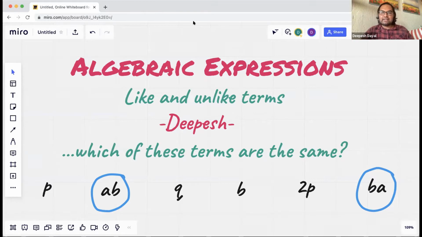Okay, I've got another answer. P and 2P. Great. Yeah. What about Q and B? Aren't they the same?